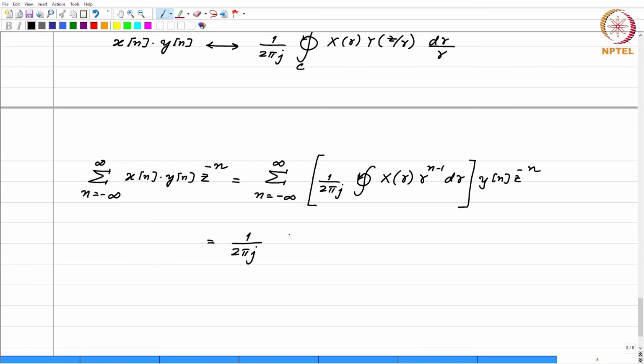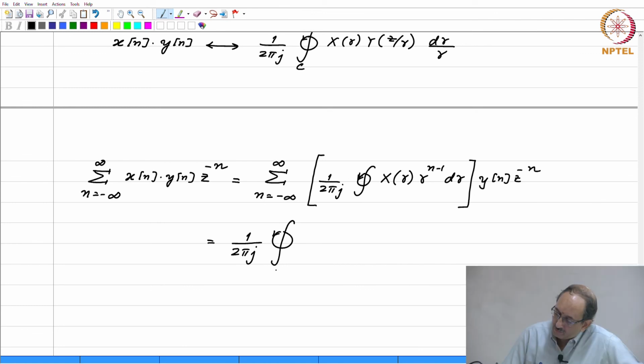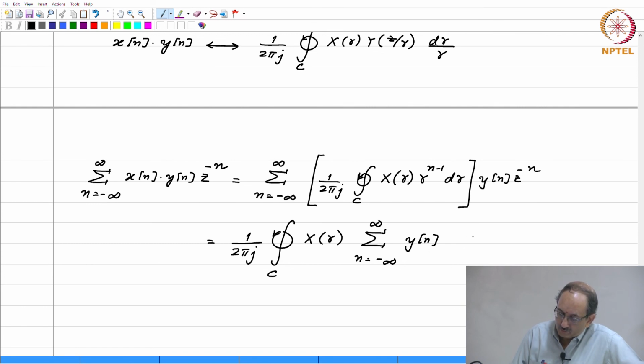So, this is 1 by 2 pi j contour integral over C, and this is x of gamma to the, now what is remaining is sum over all n y of n, and now we have z to the minus n gamma to the n minus 1.